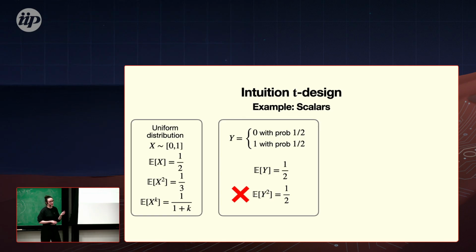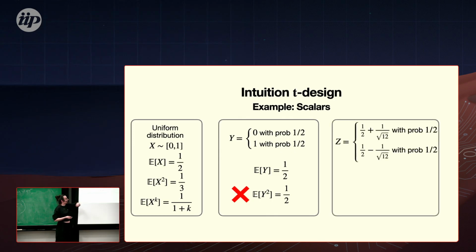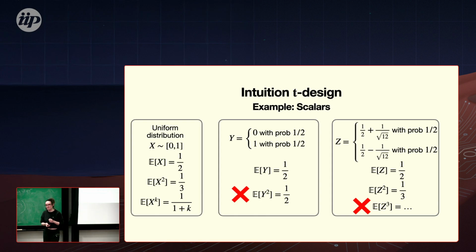Now, yesterday I played a bit around with it and thought, can I design a distribution that is discrete, with only two values, that also matches the second moment? And yes, you can. It looks like this. Because then the first moment is 1/2, the second moment is 1/3, but in the third moment it didn't work anymore. All right, so that's how you compare probability distributions with moments.